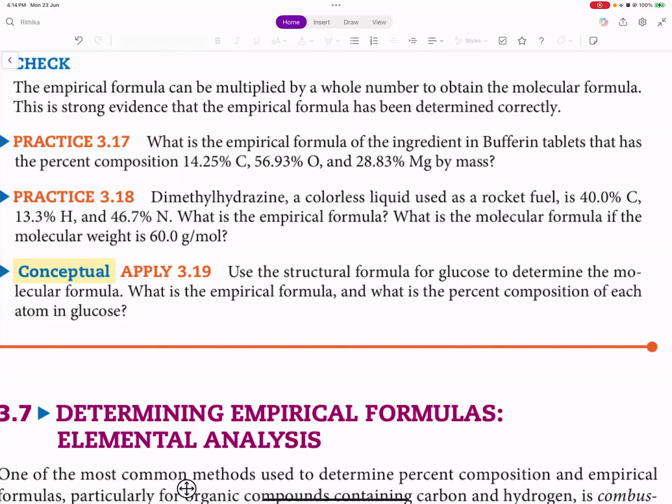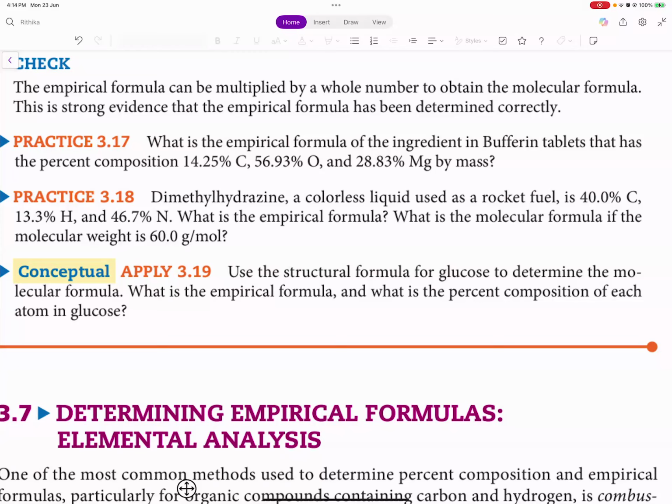I'll just tell you the modes. Okay, run me through it. Just tell me how you've done.